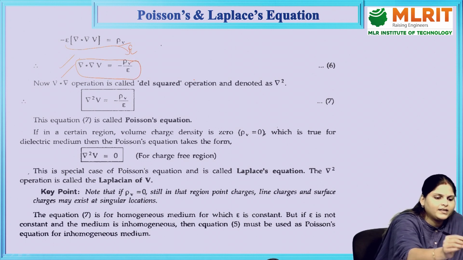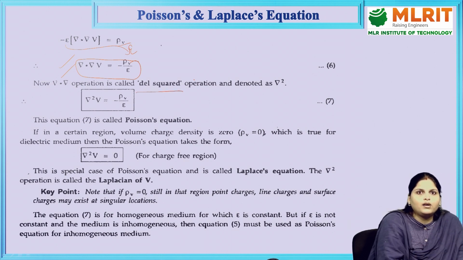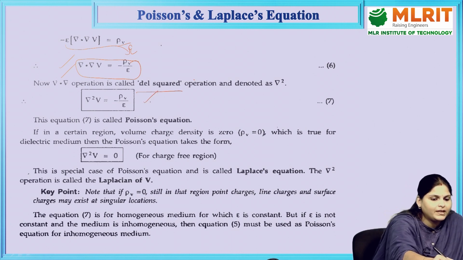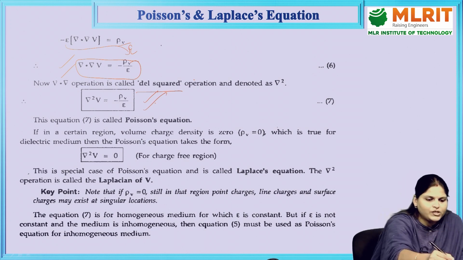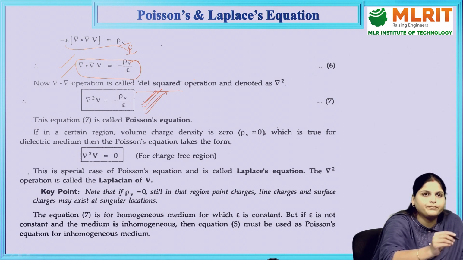This del dot del is called del squared, or the Laplacian. So here it becomes Laplacian of V is equal to minus rho V upon epsilon. This equation is called Poisson's equation.